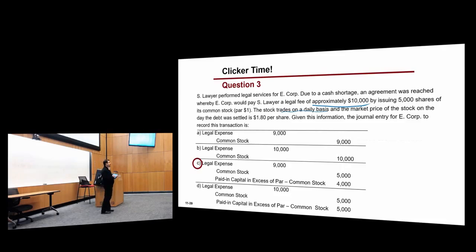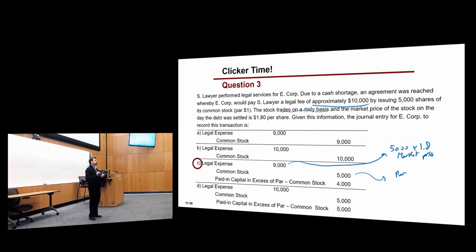So in this case, let's say that legal expense will be debited the amount based on the market value of the stock. So this is 5,000 multiplied by 1.8. It's according to the market price. On the other hand, common stock will always be based on par. The difference between the two is credited to paid-in capital.